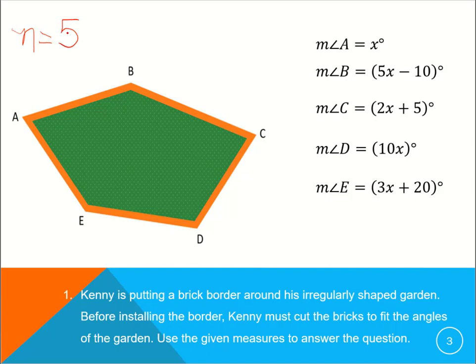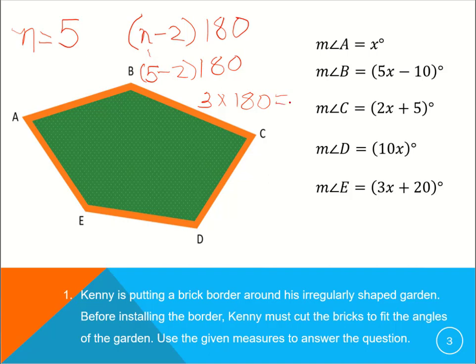The interior angle formula to calculate the sum of the angle measures in a pentagon is n minus 2 times 180. Substitute in 5 for our example. 5 minus 2 is 3, and 3 times 180 is 540.